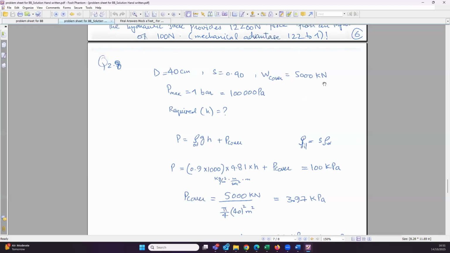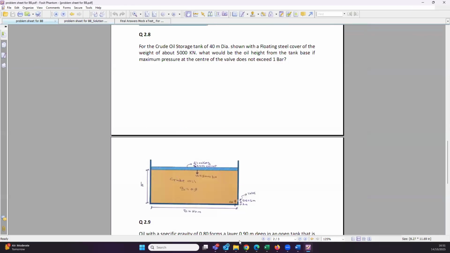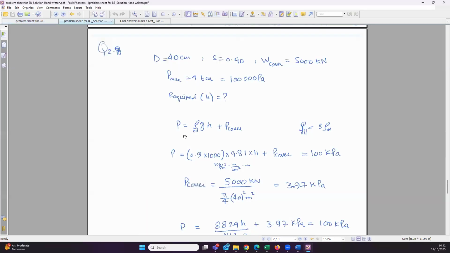We know the weight of the cover, and we need to know what H is. If you look at the figure, the pressure at this point at the center where the gauge is will be the pressure due to the fluid up to the gauge center, plus the pressure that the lid is exerting. So there are two mechanisms of pressure: one is the weight of the fluid, and the second is the weight of the lid. And that's exactly what is written here.